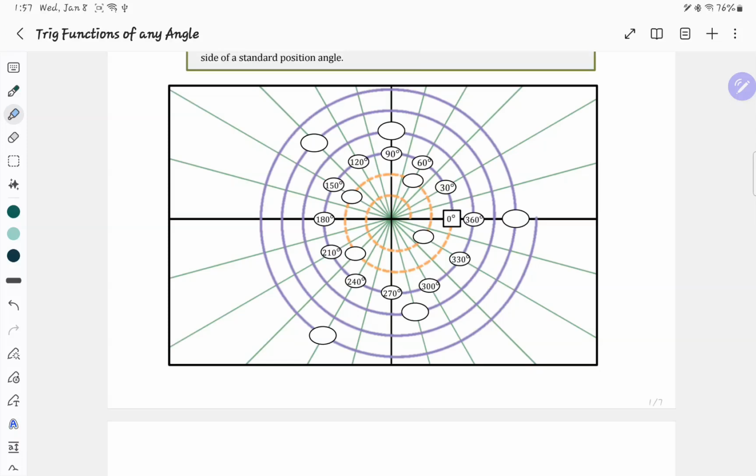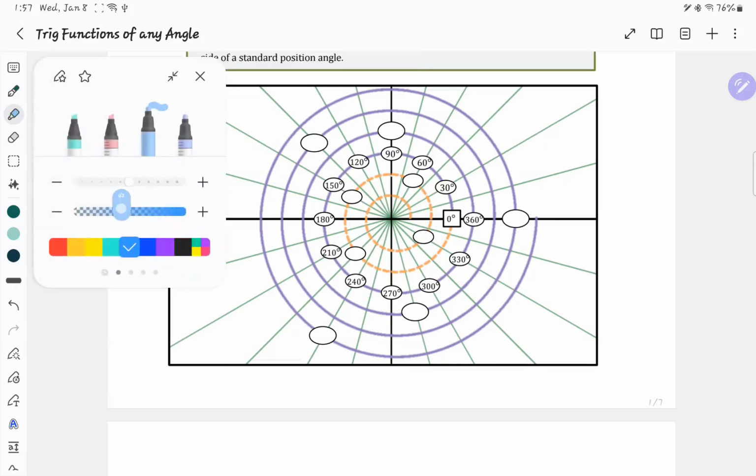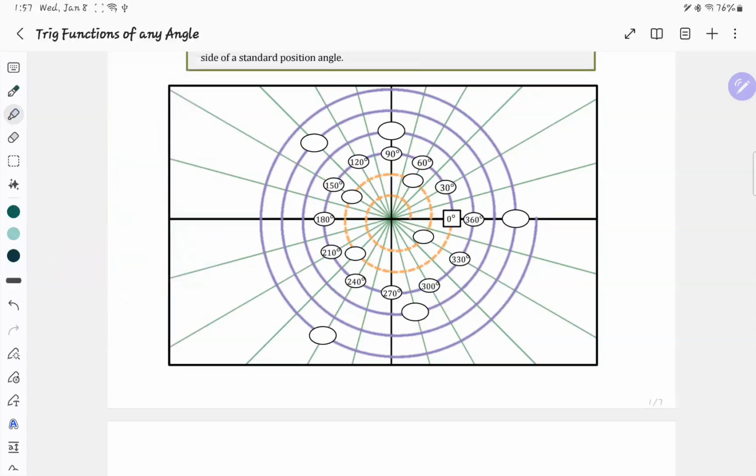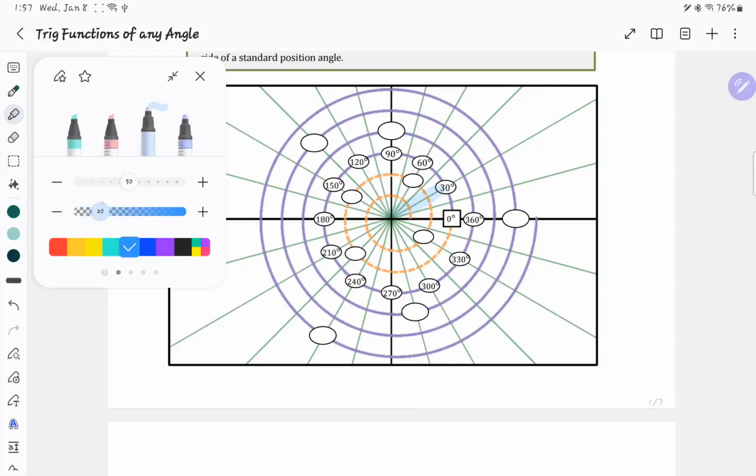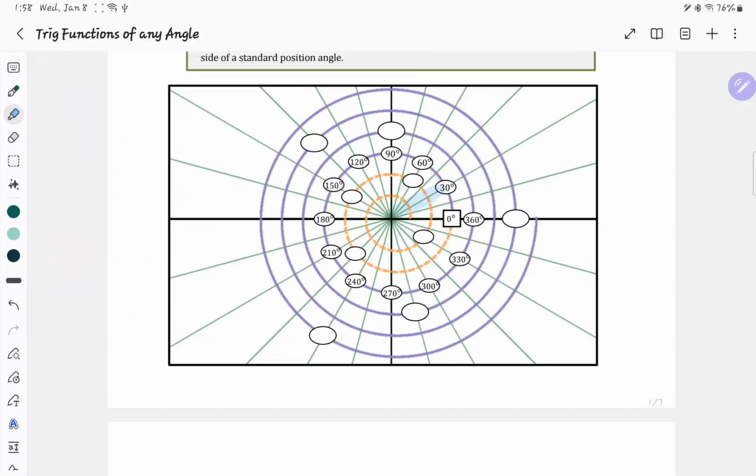So if I were to go, I'm going to make this a little bit more narrow, from 0 to this terminal side right here, somewhere right in there, actually, let's make that a little darker, a little smaller. Try that. Then that is going to be what we call 30 degrees.